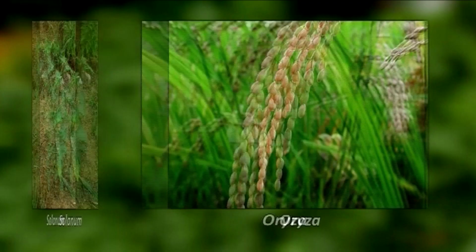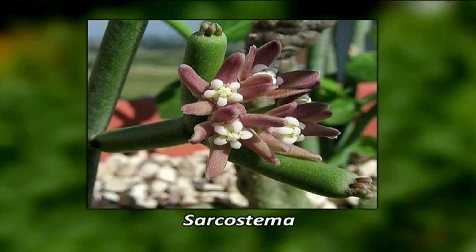Now, the applications of numerical taxonomy. Numerical taxonomy is quite useful for taxonomists interested in delimiting similarities and differences between taxa. As such, it has been used in many studies involving different classes of bacteria and in many animal groups. Numerical taxonomy has been used in many angiosperms, including Oryza, Solanum and Sarcostemma.